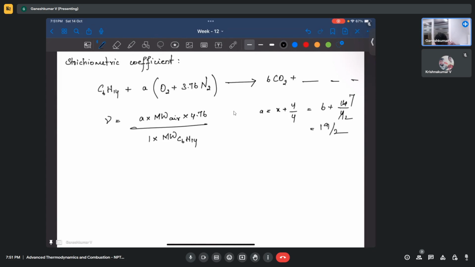So if you substitute here, 19 by 2 into 4.76 into the molecular weight of air, let's say 28.9, and the molecular weight of C6H14 is 86.177. This is how you find the stoichiometric coefficient, and it is going to be 15.165.